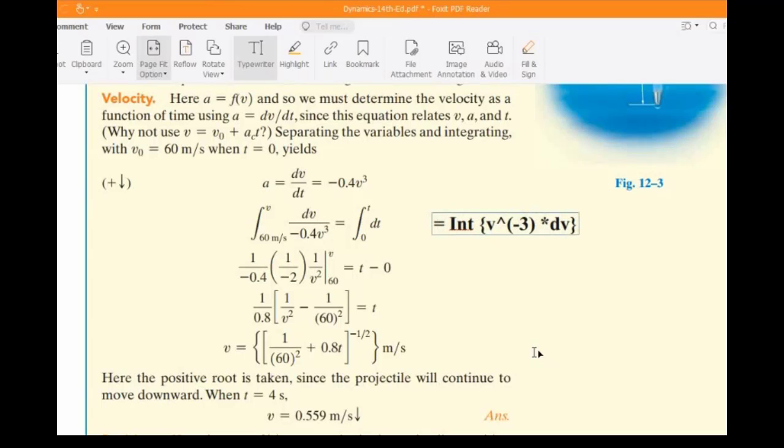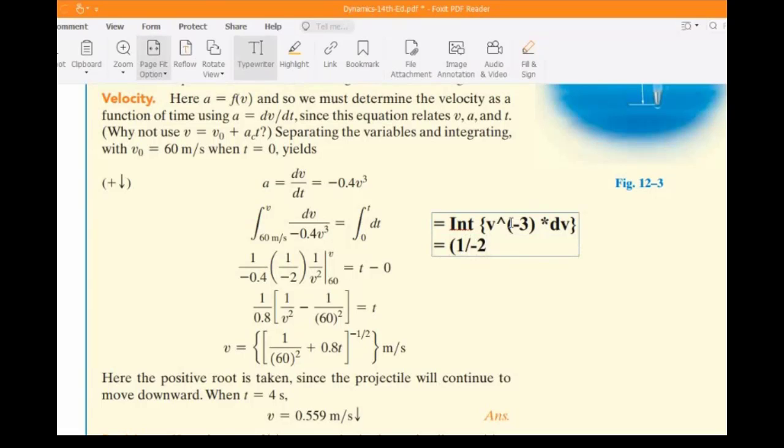This will actually be the problem, so minus 3 will be n. So we know 1 divided by n plus 1, that is minus 3 plus 1, so it will be minus 2.